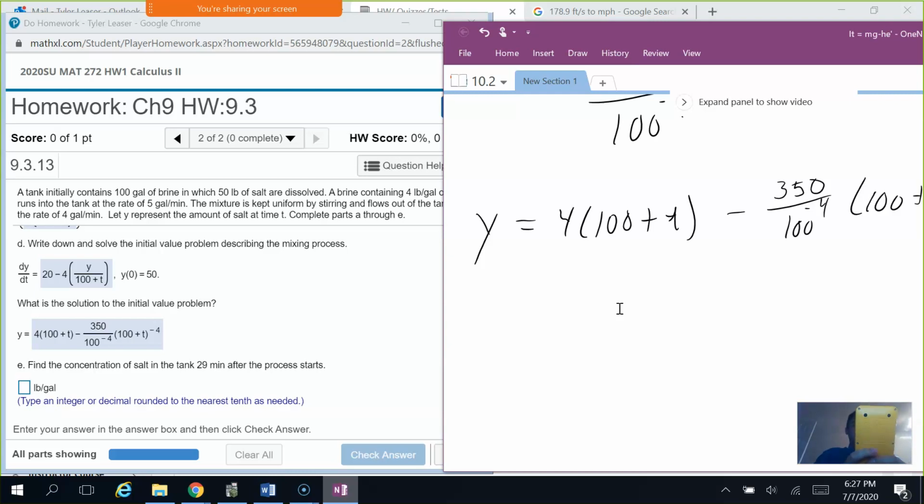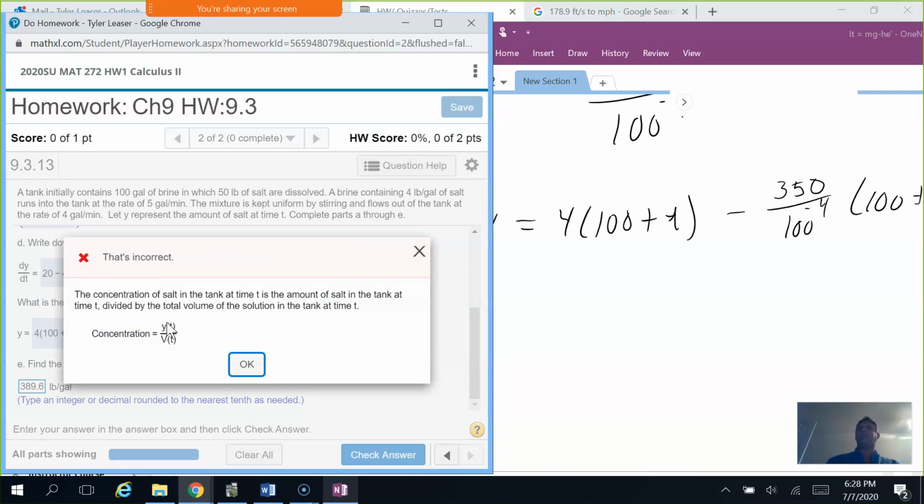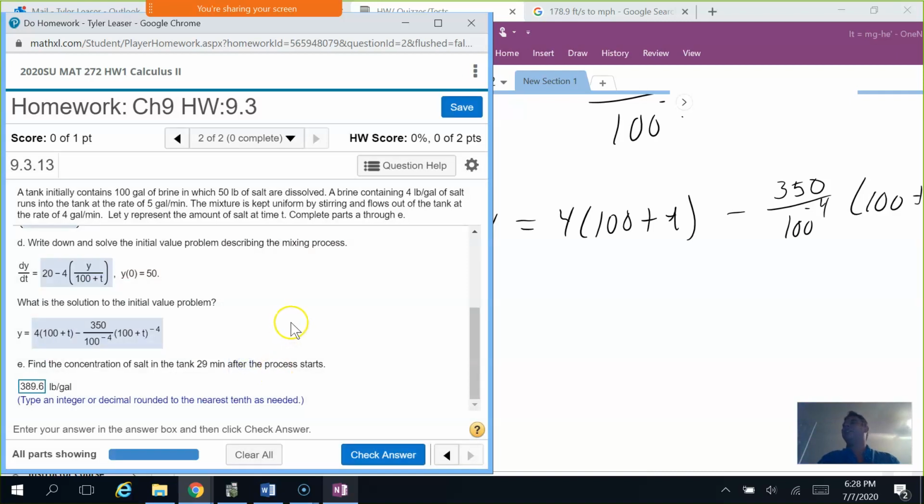That minus 350 over 100 to the negative 4 times 100 plus 29 to the negative 4. All right, I think I typed that all in right. After 29 minutes, there's 389.6 pounds of salt.